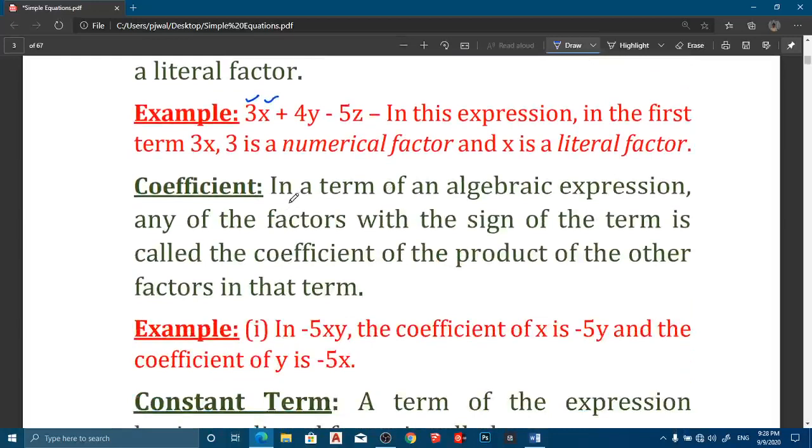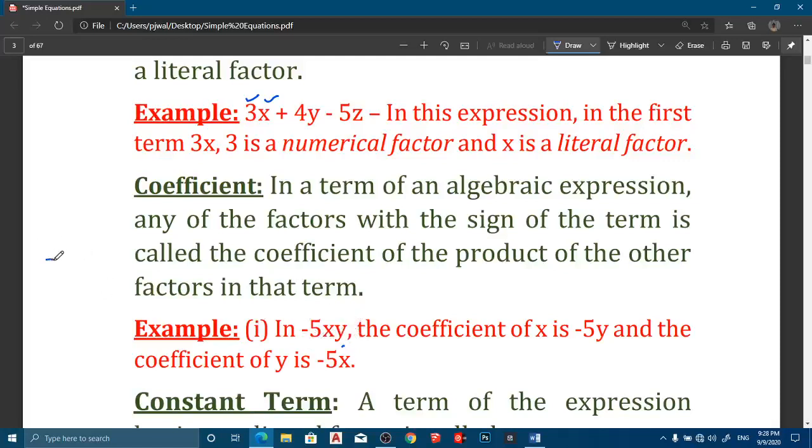Next, in a term of an algebraic expression, any of the factors with the sign of the term is called the coefficient of the product of the other factors in the term. For example, if I take minus 5 into x into y, the coefficient of x is the remaining factors.